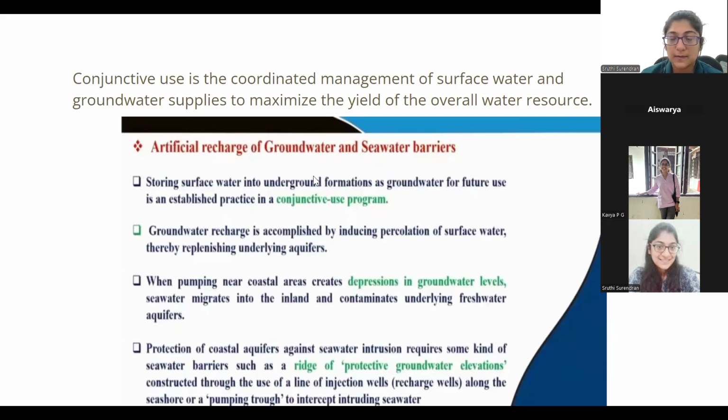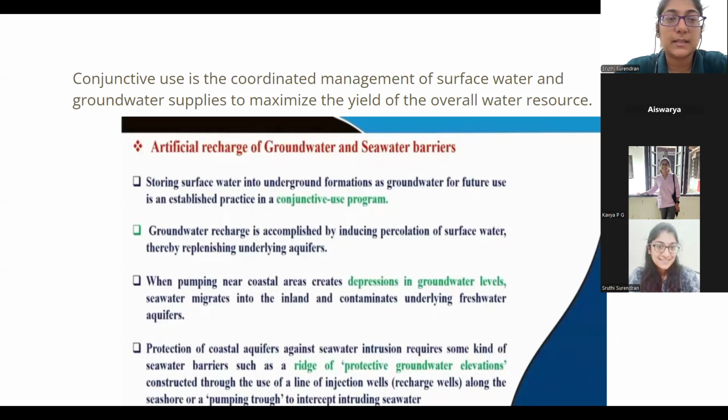This way you can conserve the surface water as well as it helps in conserving the groundwater resources. That is what is called a conjunctive use. It is a combined management strategy for using surface water to help replenish or recharge or save groundwater resources, or a technique which will maximize surface water as well as groundwater.